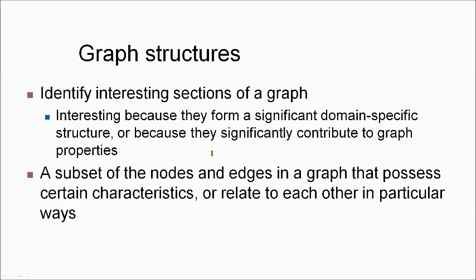Graph structures identify the interesting sections of a graph, interesting because they form a significant domain-specific structure, or because they significantly contribute to graph properties. So, a subset of the nodes and edges in a graph that possess certain characteristics or relate to each other in particular ways. You will understand this more after we discuss some examples.